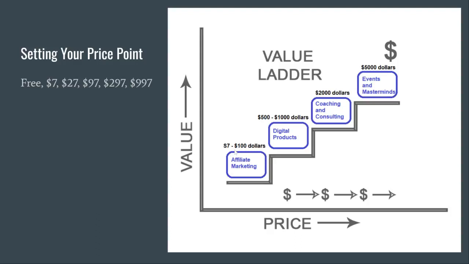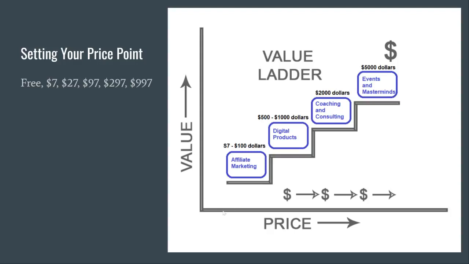So down here, let's start even further down here, is where you're going to have all of your freebies. You're going to have things that are pretty high up in value that are going to grab people's attention like we talked about before, but they're going to be completely free.